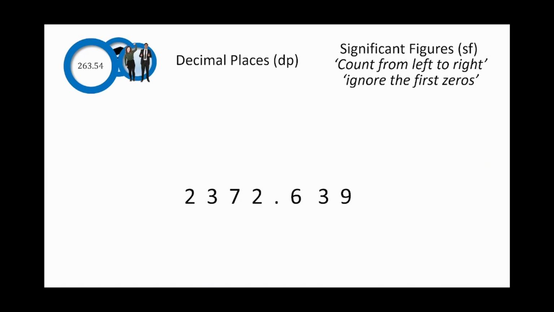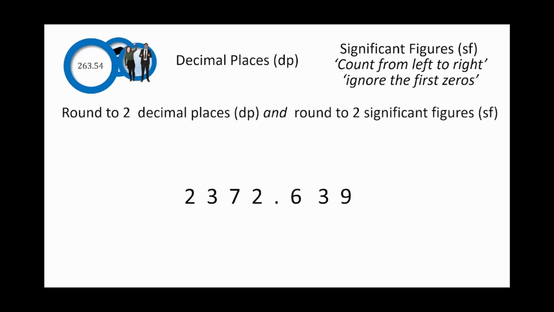All right, here's my number, and this number I'm going to round to 2 decimal places, and I'm going to round it to 2 significant figures, and we'll see what the differences are going to be. So, firstly with the decimal place, I go from the decimal place, I go back once and twice, and this is the position that I'm going to round my 2 decimal places.